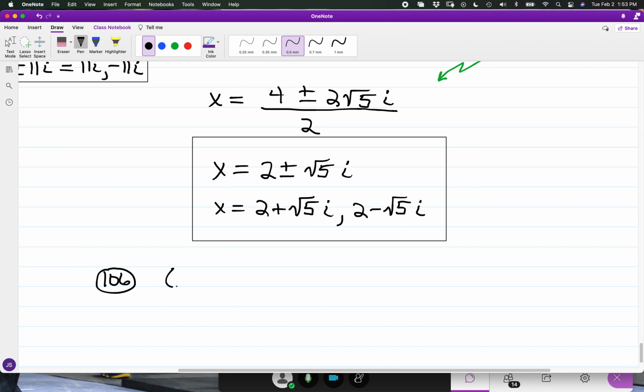We have 6 times d to the 2/3 minus 7 times d to the 1/3 minus 3 is equal to 0. This equation is quadratic in d to the 1/3, since you have a 2-to-1 ratio between 2/3 in d and d to the 1/3.